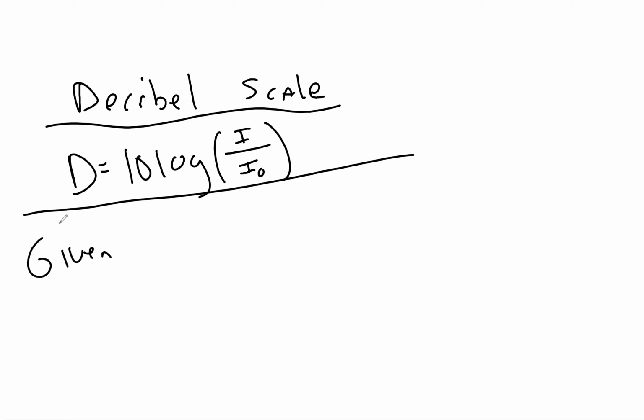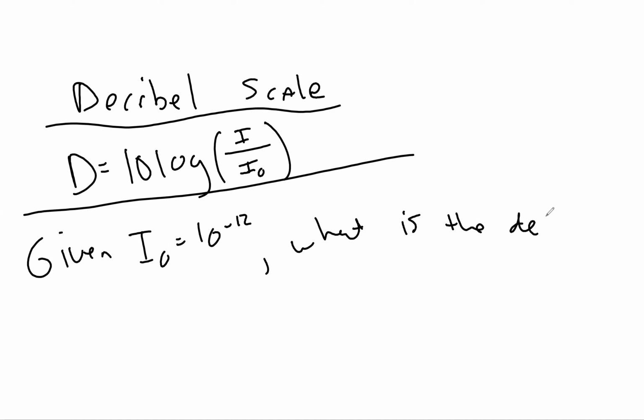Here's the problem. It's going to say given I sub 0 is 10 to the negative 12. Then it asks, what is the decibel if the sound intensity is 50?